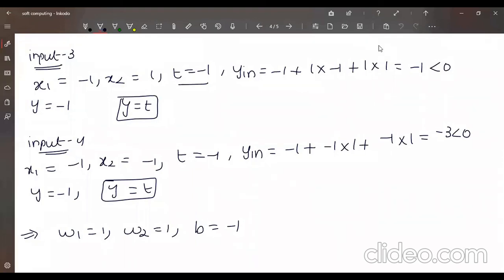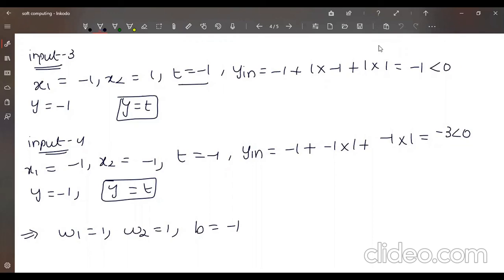Also note that in the question which I have explained in this video, they didn't mention a particular number of epochs. So at that moment we have to perform 3 epochs maximum.